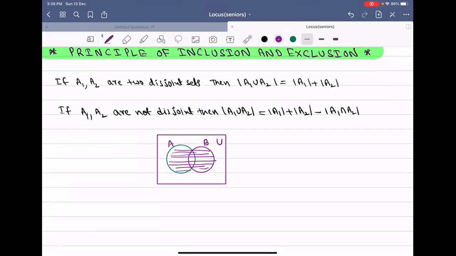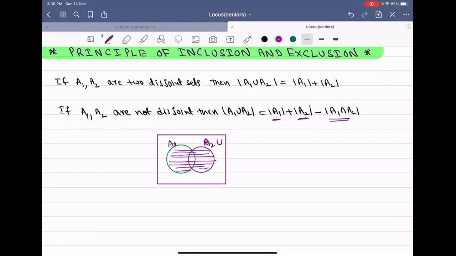The number of elements in A1 plus the number of elements in A2 includes this intersection part two times, because A1, A2 are not disjoint. In A1 we have this intersection part as well as in A2. That's why we need to subtract it once to balance it.